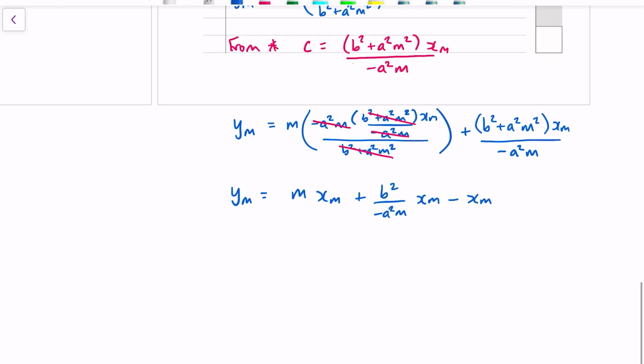Okay, and that is just one giant constant times xm. But I can put it all together. Got m minus a squared m, sorry, no, that's on the denominator, plus b squared over negative a squared m minus 1, all times xm.